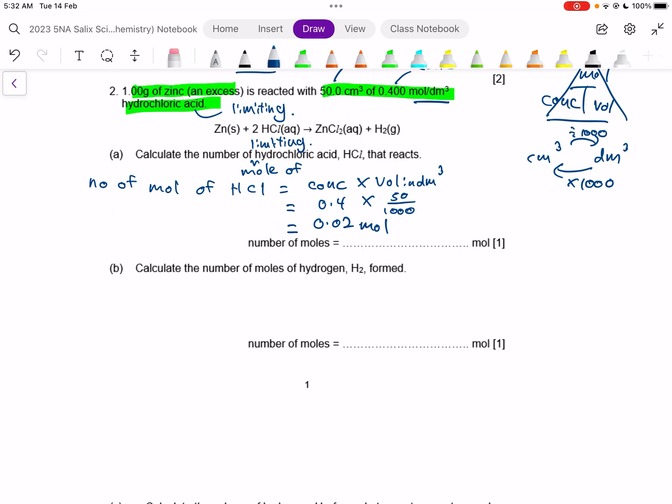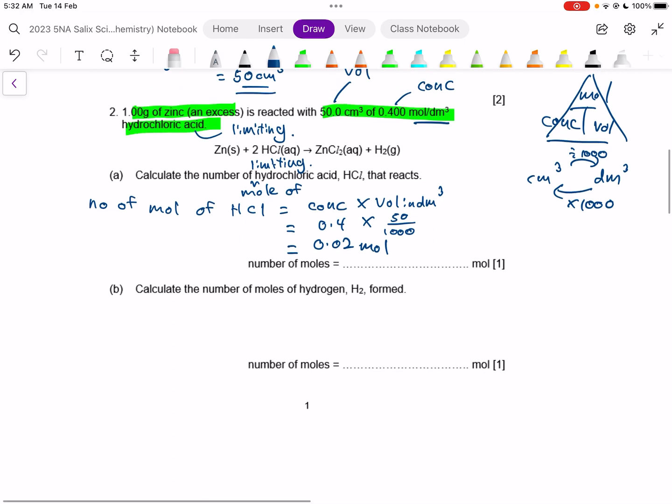So the next thing I have is the number of moles of hydrogen gas. This one you must find using the mole ratio between limiting and product. Always use the limiting to find product.